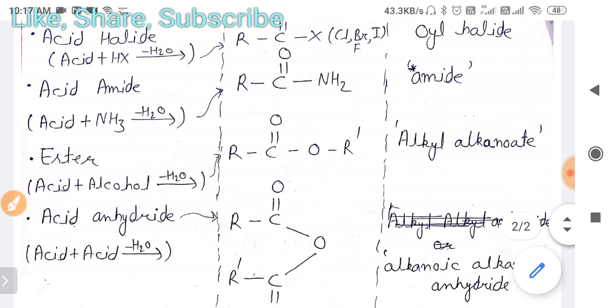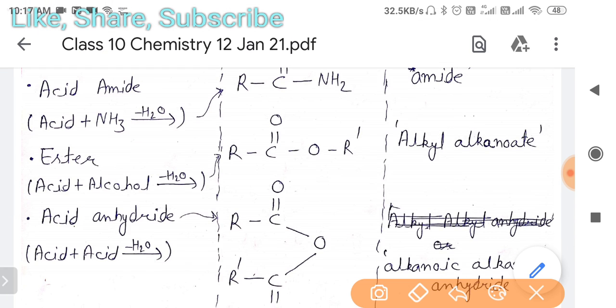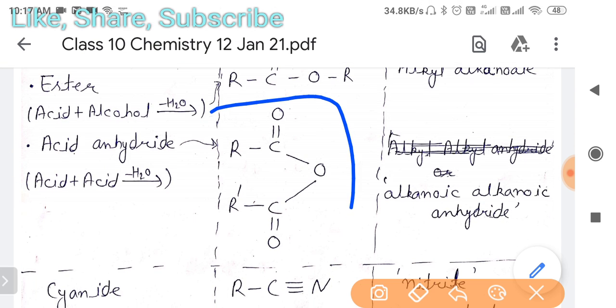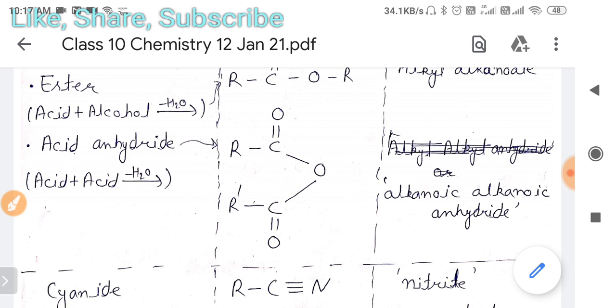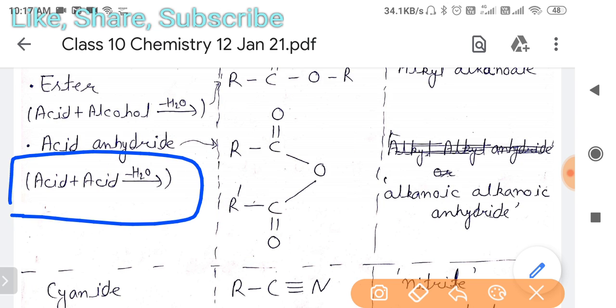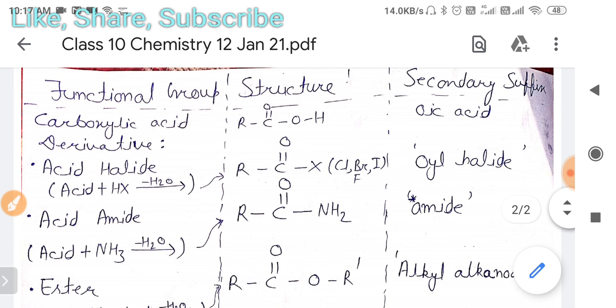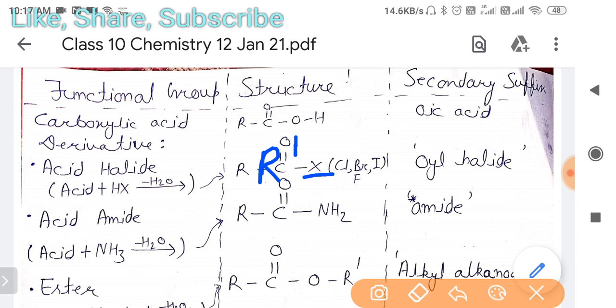Then acid anhydride. You can see it in your book; it comes in higher classes. In this, two acids are joined, and one H2O is removed. Suppose there is RCOOH; you can write R dash COOH, another group, that you have to attach, and you have to remove one H2O from here.